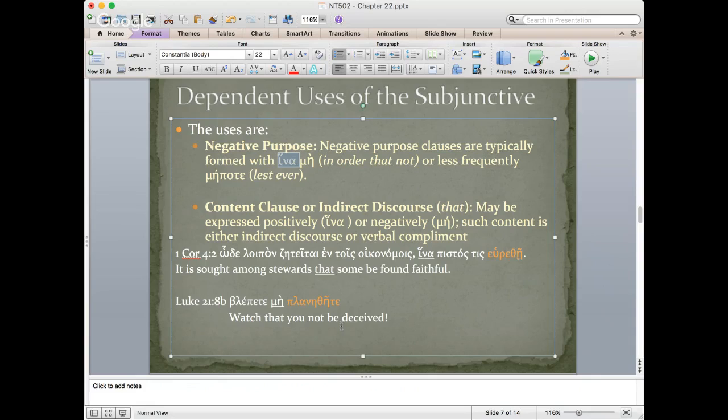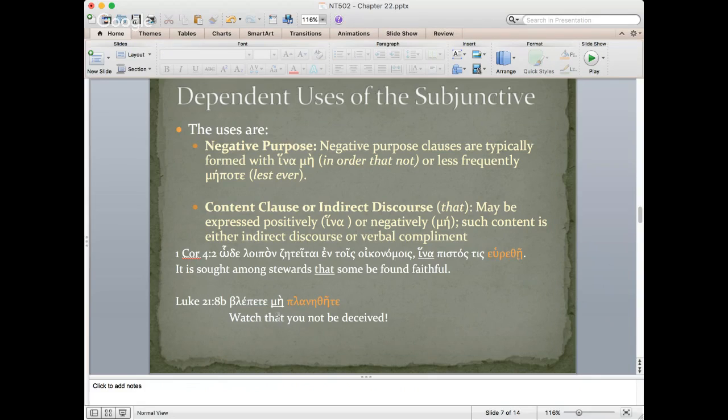What are you bewaring? That you not be deceived. So it's probably a negative verbal complement. That's probably the more accurate summation of what this is. It has the me, so it's negative. Content is either indirect discourse or verbal complement. It's not indirect discourse, but it's probably a verbal complement because it's demanding that you're actually being aware of something or seeing something.